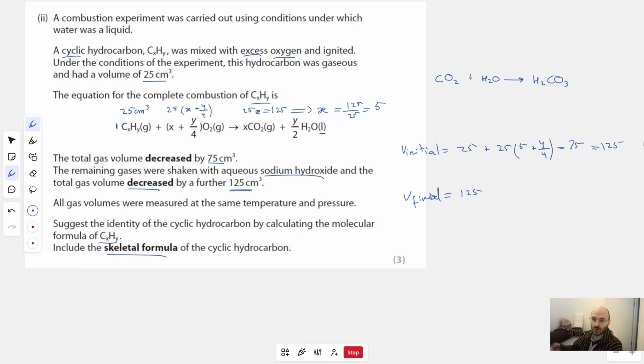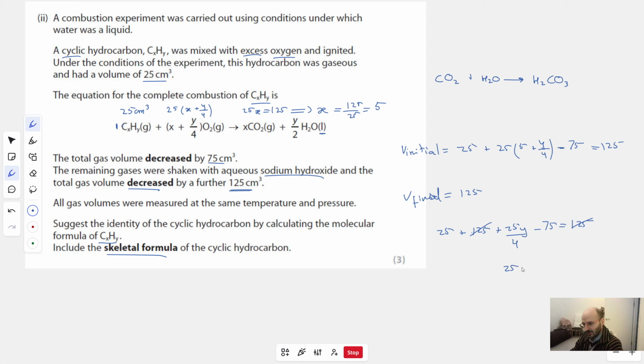Therefore, now you do your math using this equation: 25 plus 25 times 5 plus 25y over 4, minus 75, equals 125. This and this cancel out. 25 and 75, that's minus 50.